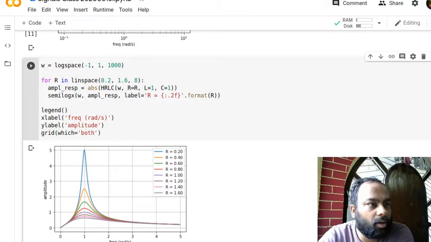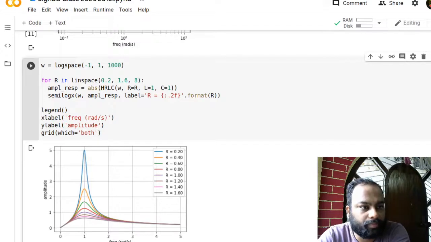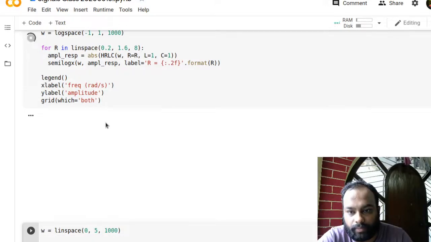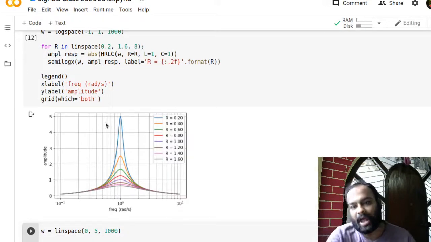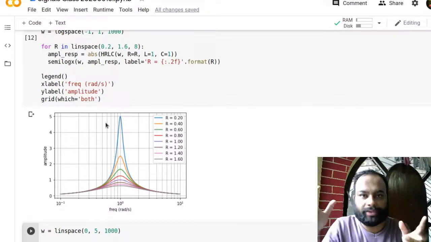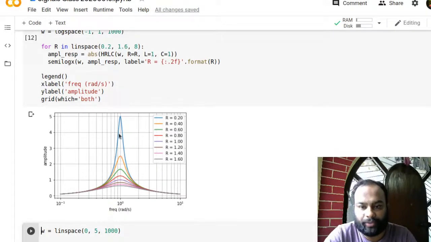Hold on. Let me plot this. You now have a better plot representing everything, showing how this band pass filter discriminates higher and lower frequencies about the corner frequency that we have here.